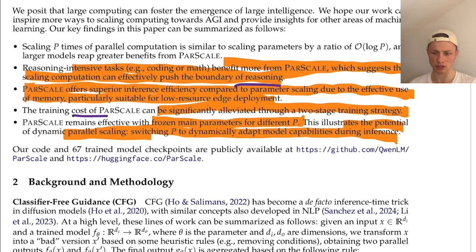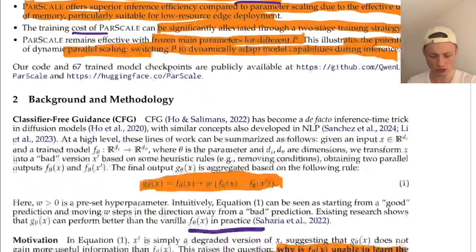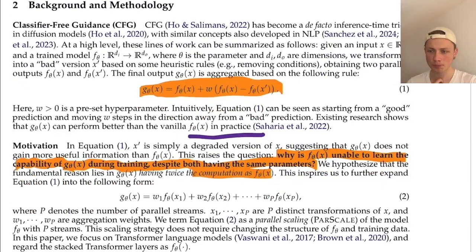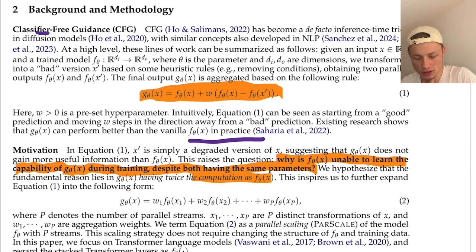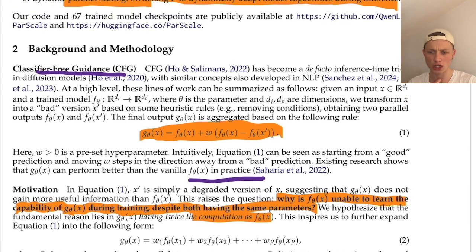And so let's just have a look at the math. Here they are introducing the classifier-free guidance from the diffusion models, and they're making it a little bit more general here. So we have our output g of x, and this output is aggregated based on two outputs of our model, f theta of x and f theta of x hat, and x hat is different than x.